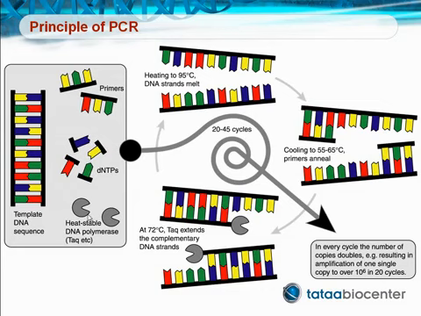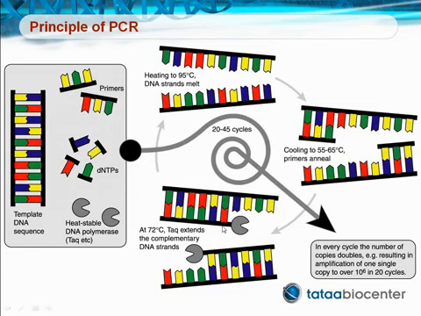The sample is processed by varying temperature in repetitive steps. First, the sample is heated to about 95 degrees, which causes the DNA strands to separate. This is called melting. Next, the temperature is lowered to some 55 to 65 degrees, allowing the primers to anneal.